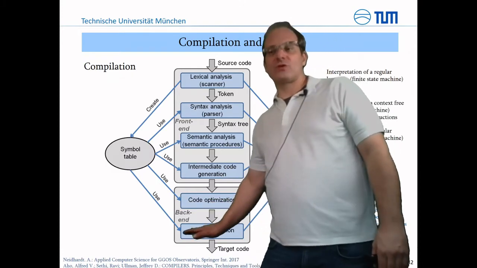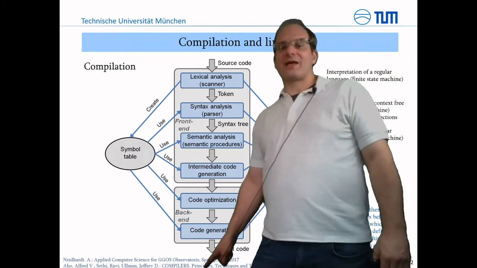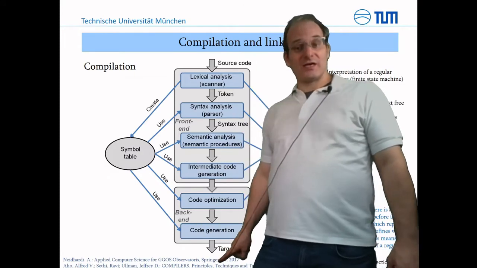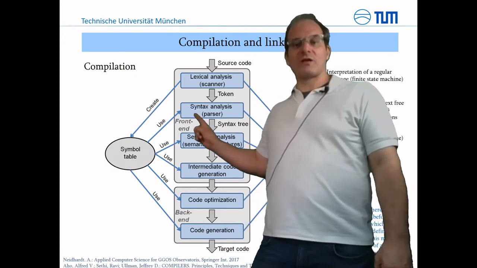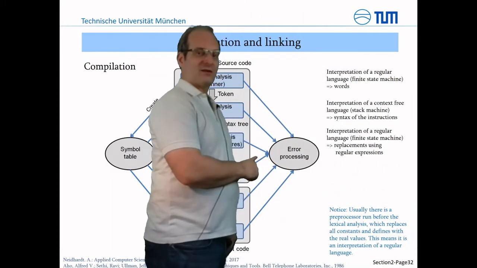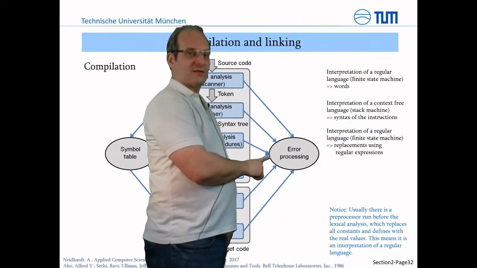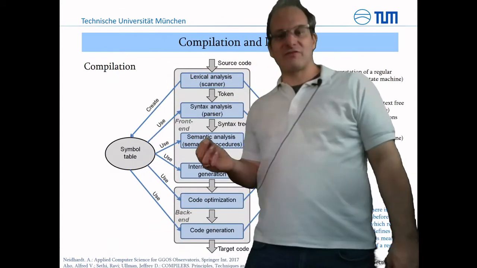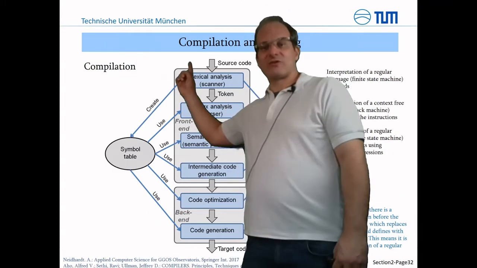And then you do the real code generation, where at the end the target code, which means the machine code, is the result. And if one of these steps fails, then you have the error processing. How can you check if it fails? Of course, there are state machines.